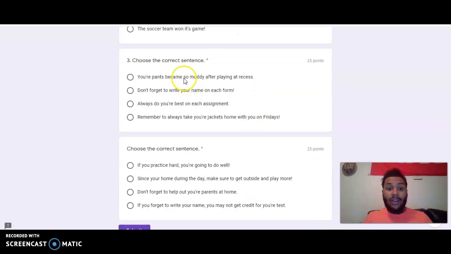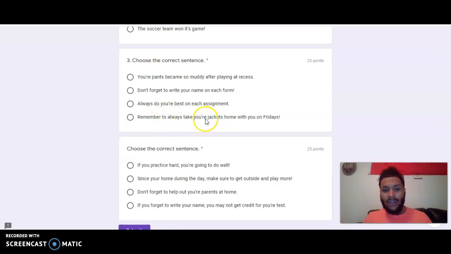Number 3. Your pants became so muddy after playing at recess. You are pants? No way. Don't forget to write your name on each form. Do not forget. That sounds good so far. Always do your best on each assignment. Always do you are best? No way.